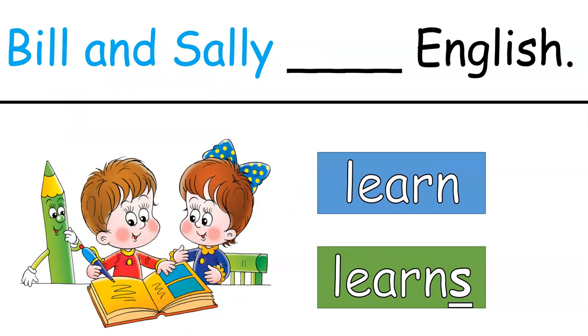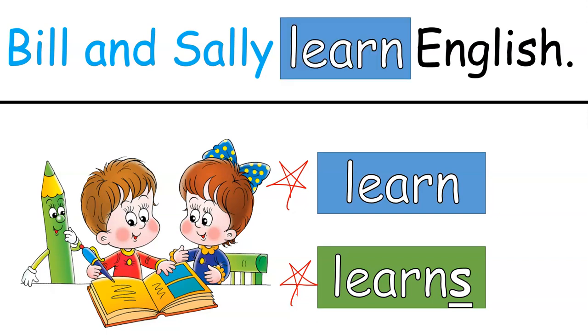Next question. Bill and Sally blank English. Bill and Sally learn English or Bill and Sally learns English. Which answer is correct? The correct answer is learn. Let's look at Bill and Sally.